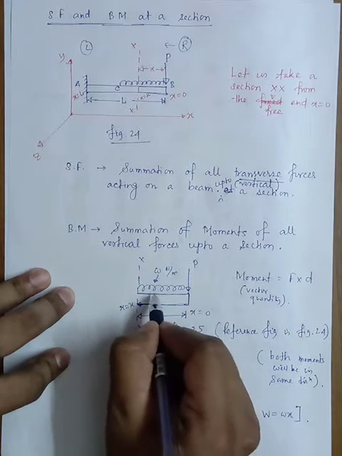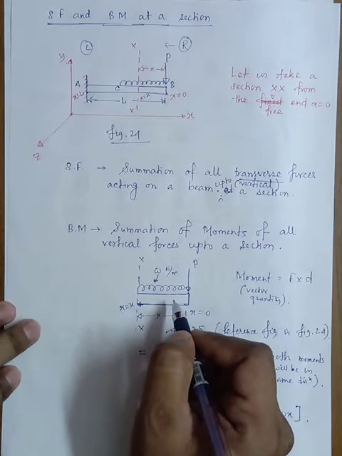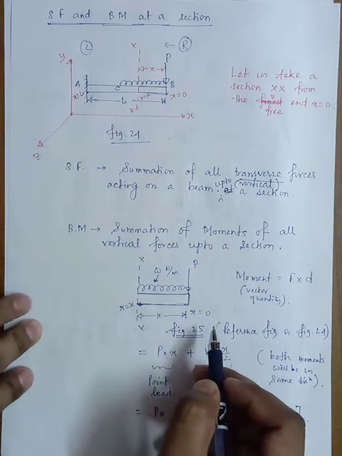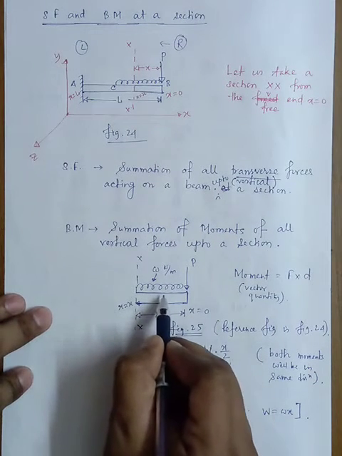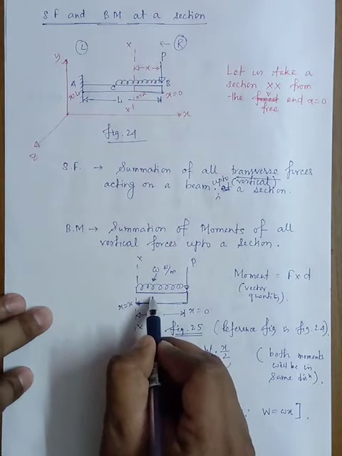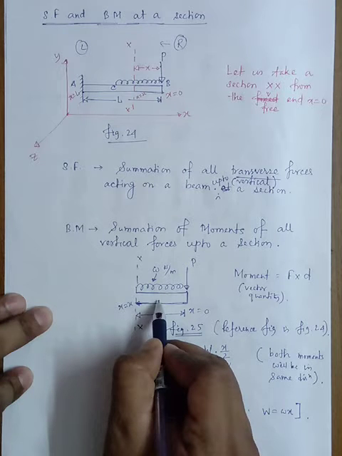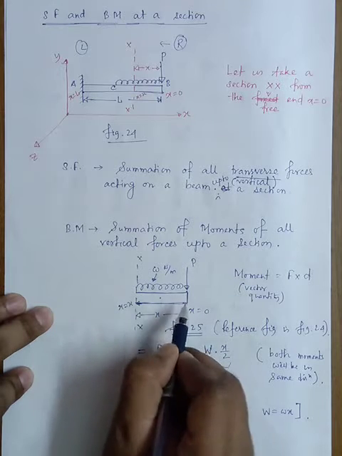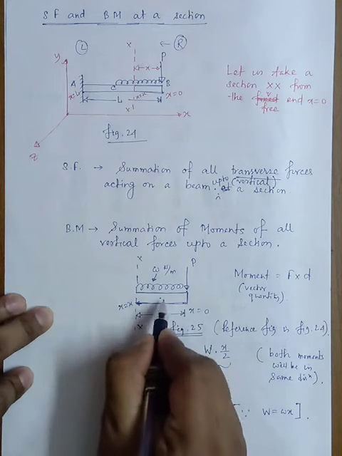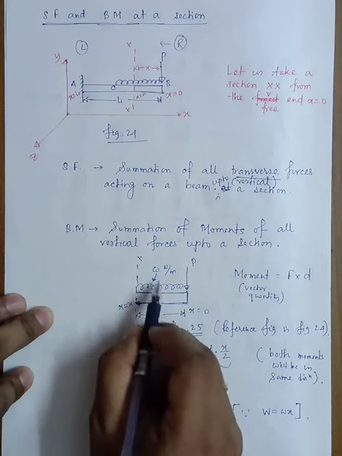We have seen the UDL in the types of forces or loads over the span of a beam. The UDL acts along the centroid. The total distance here is X, so at X by 2 the load will be acting.